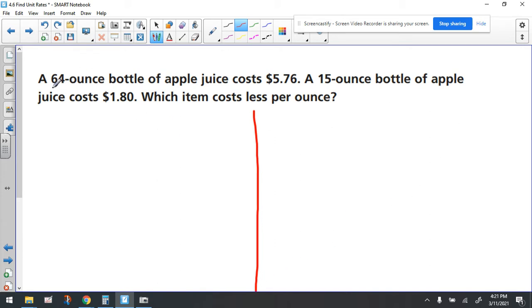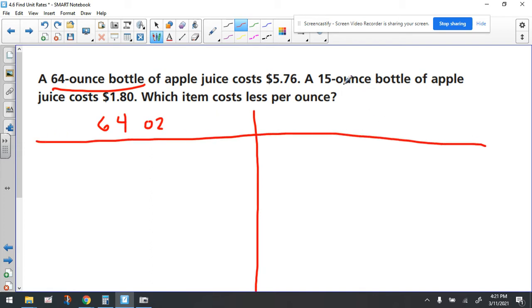So we have what we might call the larger container. So we'll just call it the 64-ounce container. And then we're also looking at the 15-ounce container. And we're trying to figure out which one is going to be less per ounce. All right, when we set up our proportions, we put in our fraction bar. And whenever we're dealing with unit rate, or price, we're talking about how many dollars per ounce.